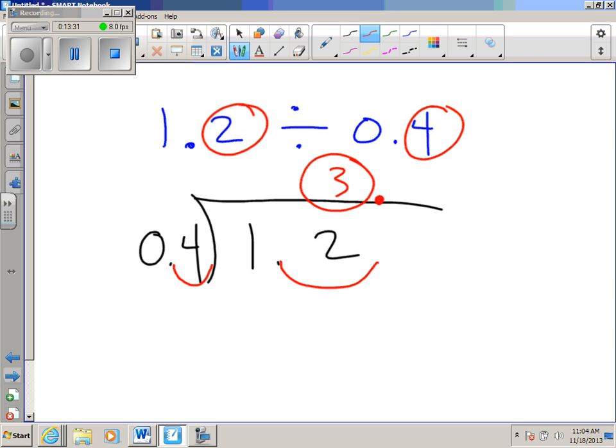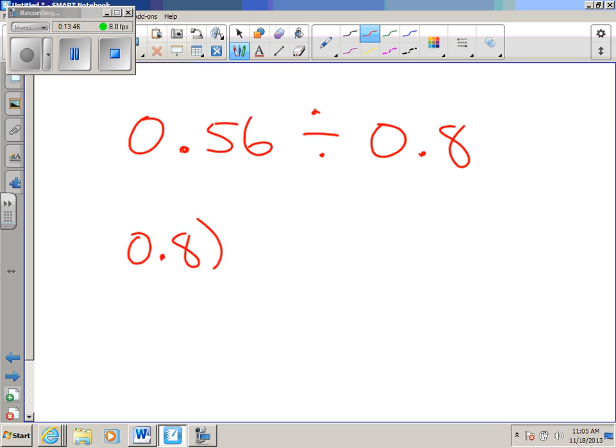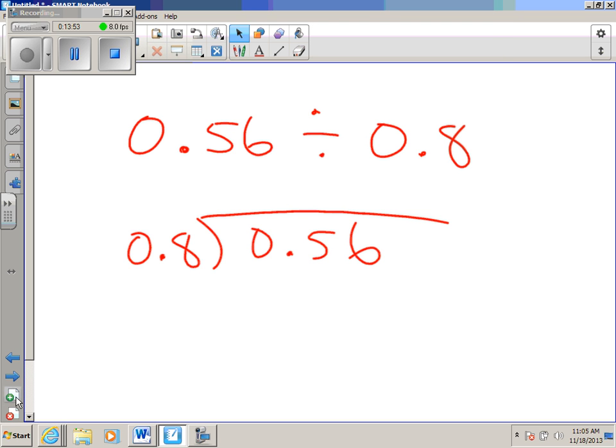So how about this next one? 0.56 divided by 0.8. We always put what we divide by on the outside, and we always put what's being divided on the inside.